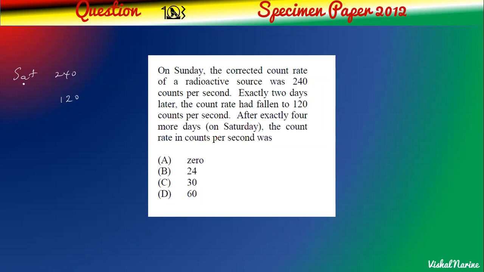So we can see that the half-life is actually 2 days, right? It's taking 2 days to go to half. It says now that after 4 more days, what is going to happen? After 2 more days, it is going to be 60, and then after another 2 more days, it is going to be 30. So the answer there is C, 30.